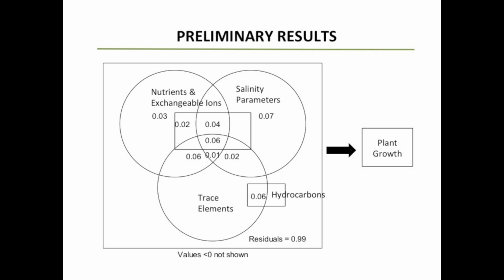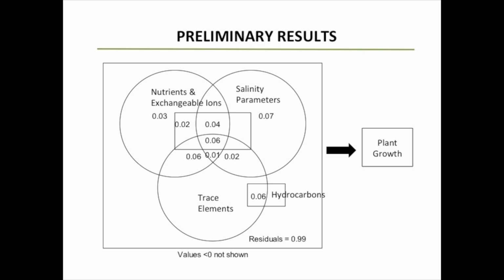So we found that, for example, here the salinity parameters only by themselves explain 7% of the plant growth, and also the interaction between trace elements and hydrocarbons explains another 6%, and trace elements with nutrients another 6%. And the interaction between every one of them explains another 6%.